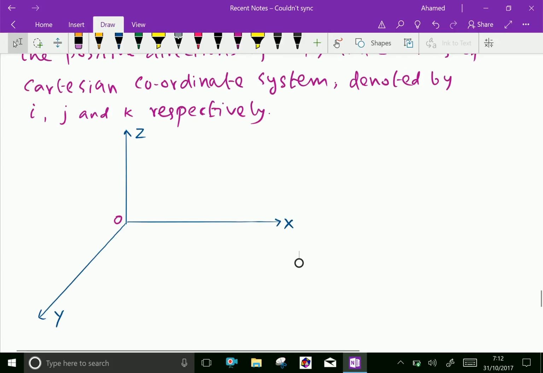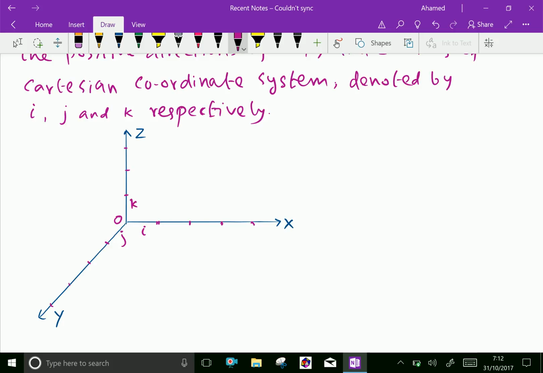Here consider equal units in the x direction, and equal units everywhere. Now each unit in the x direction is i, each unit in the y direction is j, and the z direction is k.